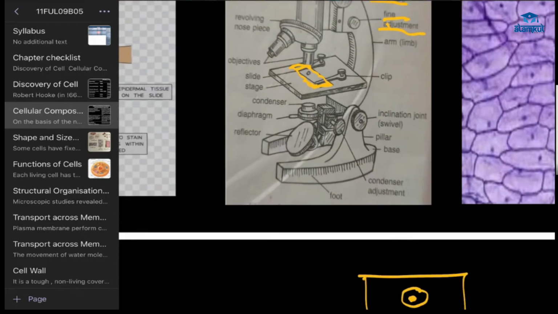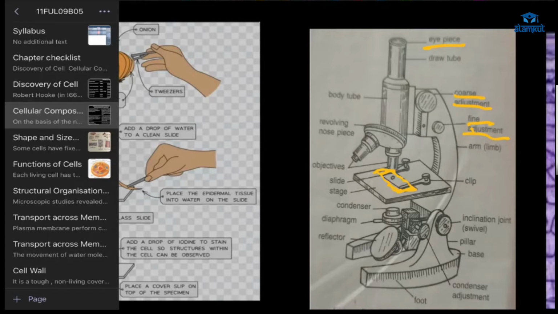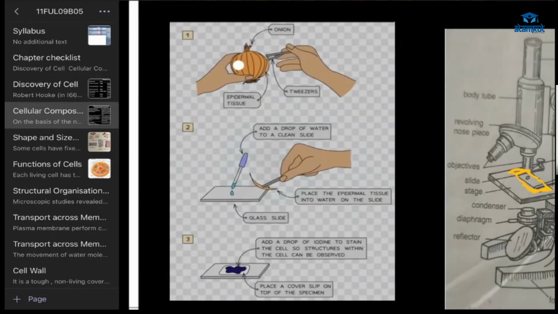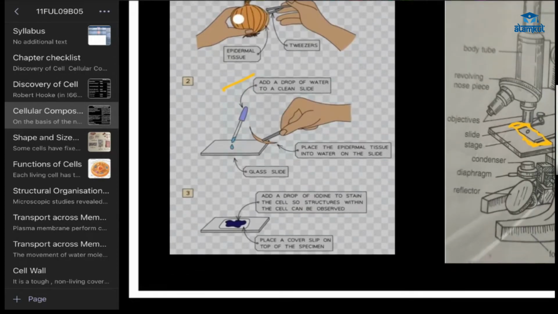Understood? Ma'am, can you please explain it again? Do you want me to explain from the microscope? Okay. So what we are doing here, we are taking an onion and taking the outside layer of the onion, then putting it on a glass slide. It's rectangular and transparent. After putting it there, we put water on it. After that, iodine. Then we cover it with a cover slip.